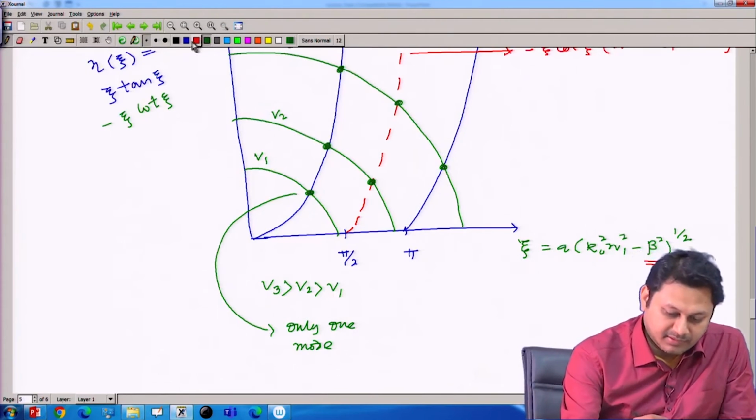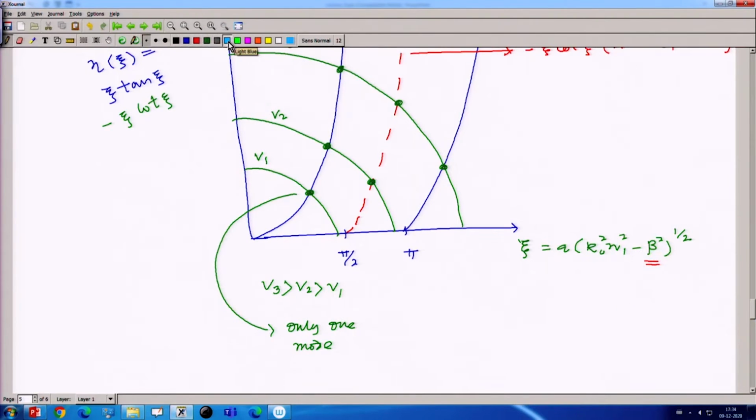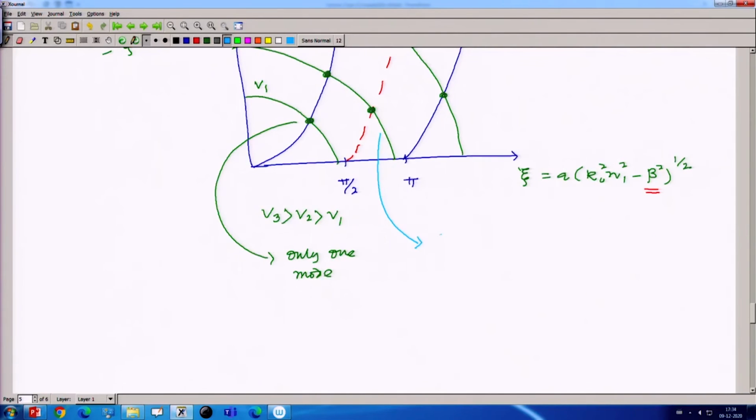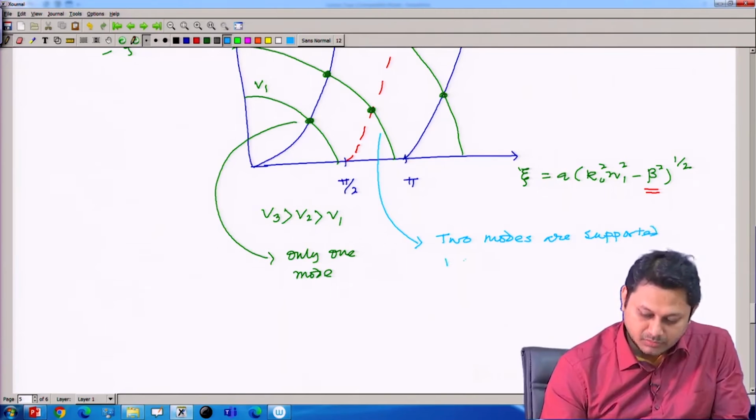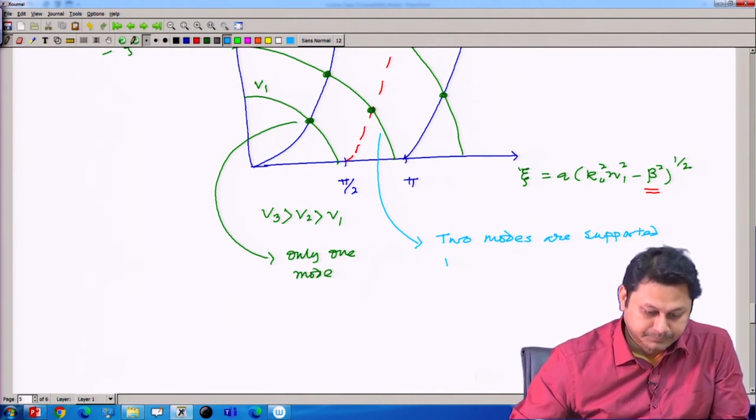For this case, I have two solutions, two modes. Two modes are supported, one for symmetric and another for antisymmetric.